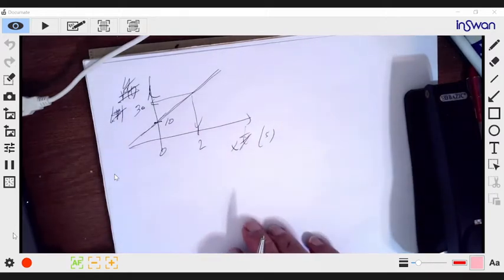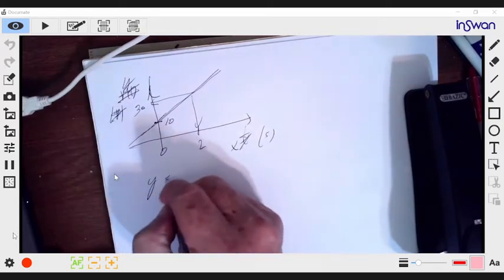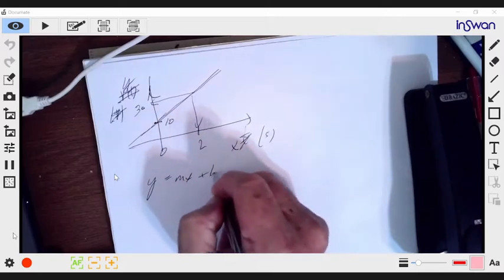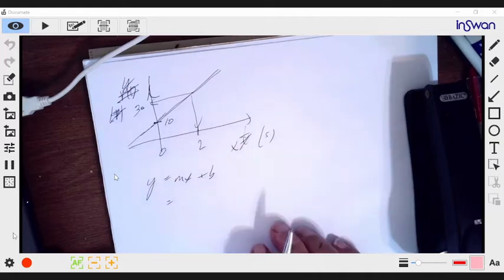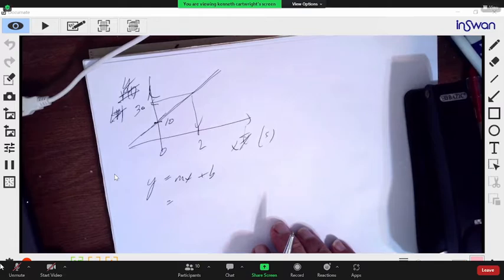What's the equation of a straight line? y equals mx plus b. What's b? Anybody in high school could tell me this. b is a constant.